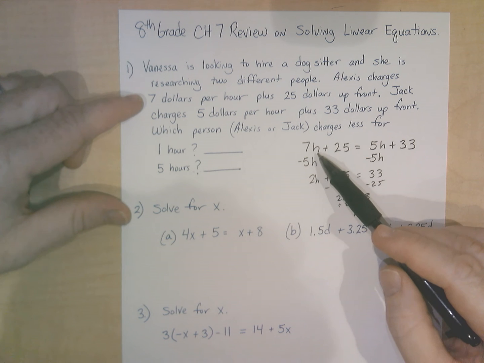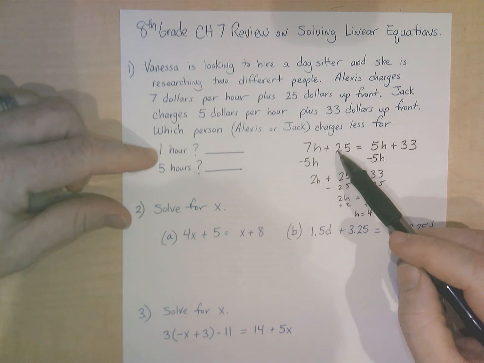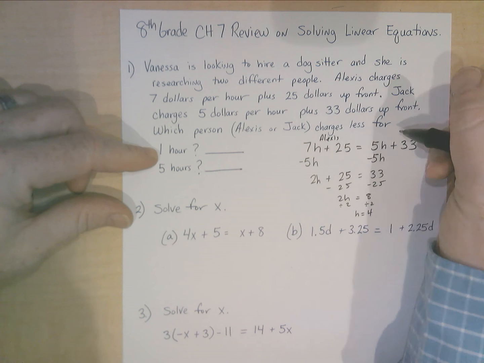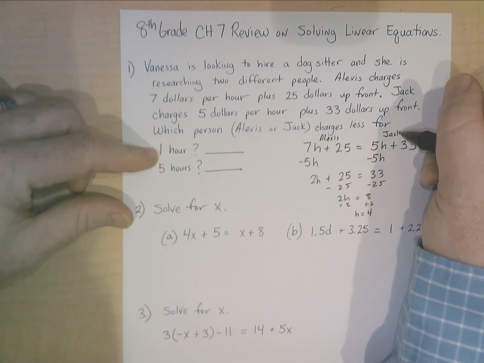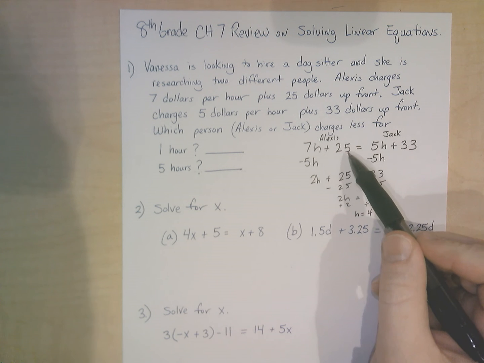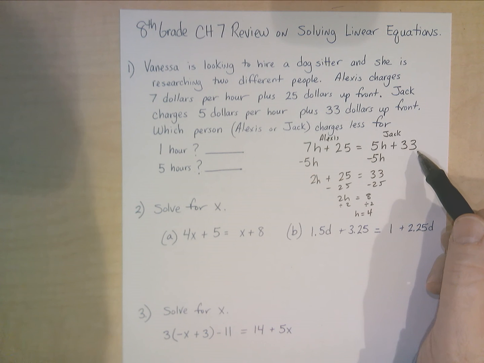So if we plug in the 1, for example, we know that Alexis is going to charge, let's put Alexis over here, and then Jack. We know that Alexis is going to be 7 times 1 is 7, 7 plus 25 is 33. 5 times 1 is 5, 5 plus 33 is 38.